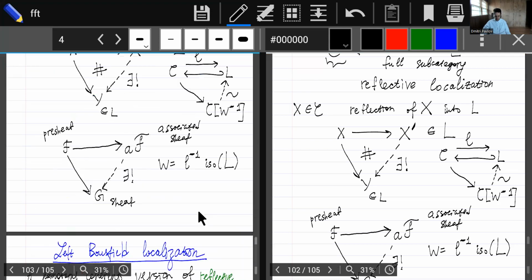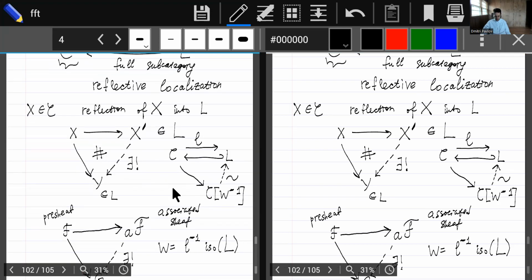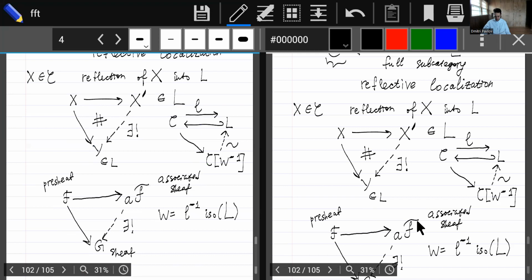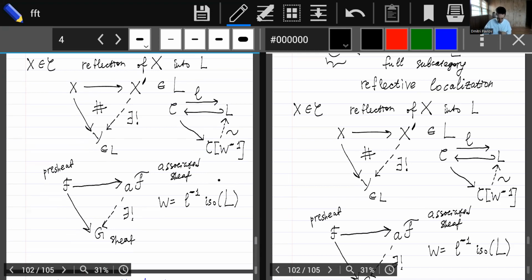So what we are going to do now will be a precise analog of this picture, where we start with a class of maps that generates W in some sense. So perhaps I should have also mentioned this.